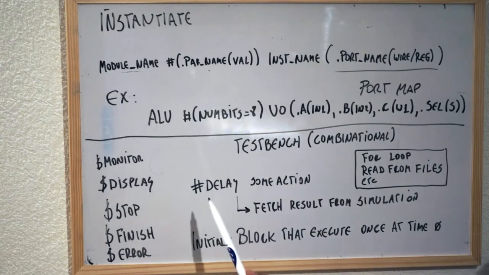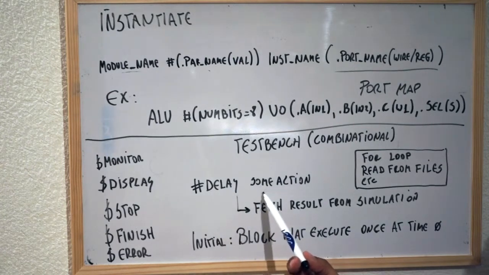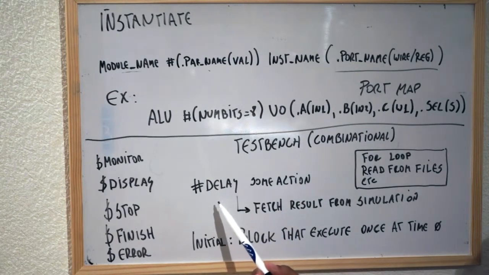The delay instruction means that after some delay, it's going to execute some action. This is actually really interesting and it's really mandatory to have a delay after you set up the ports, because you need to give this delay to make the simulator fetch the output of your circuit.